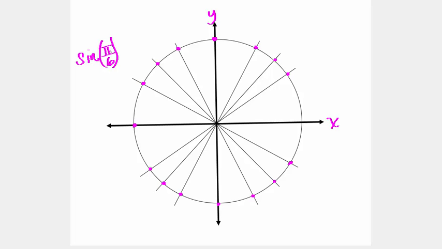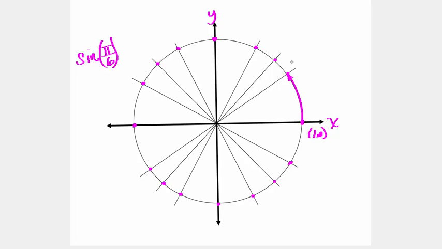If I find, first of all, the arc which is pi over 6 in length, remember that it starts at the point (1, 0), and it would extend to the special place pi over 6, which is the first mark we come to in quadrant 1.